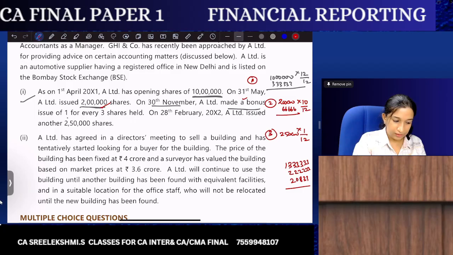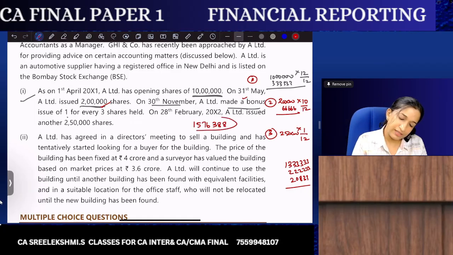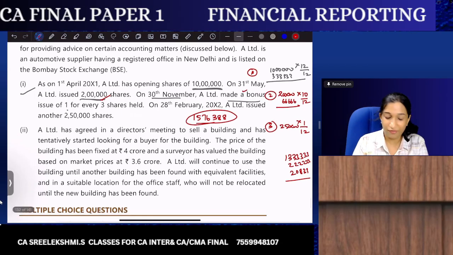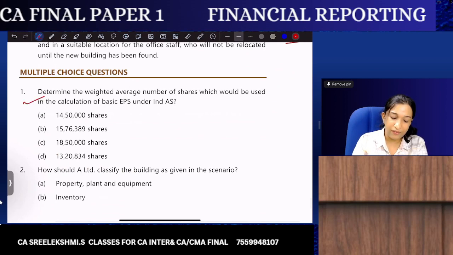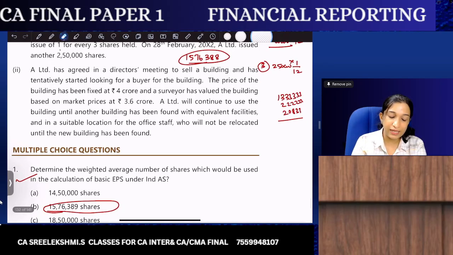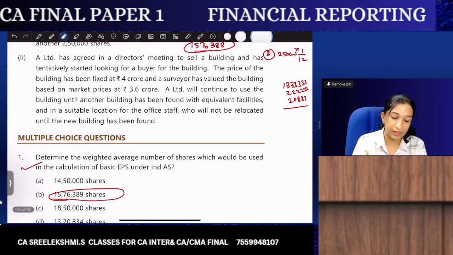So 13,33,333 plus 2,22,222 plus 20,833 is 15,76,388, or 389, the weighted average number of equity shares. Let's find out what the question is. Determine the weighted average: 15,76,389.